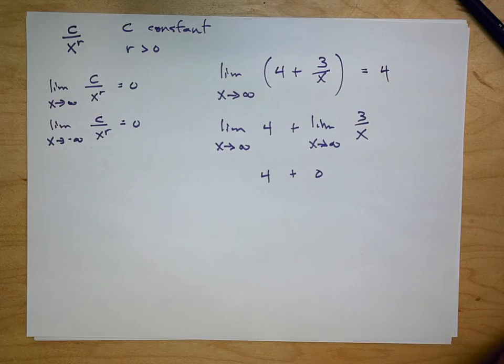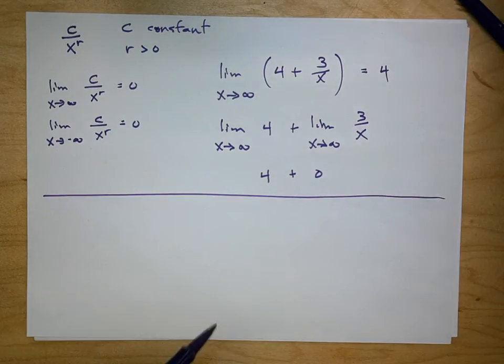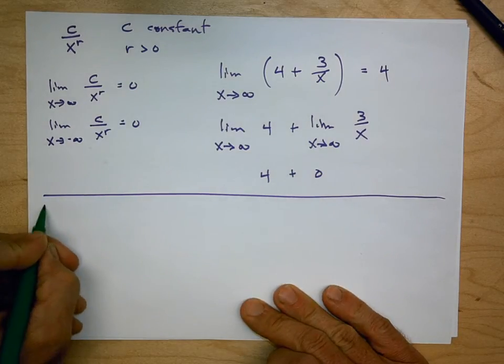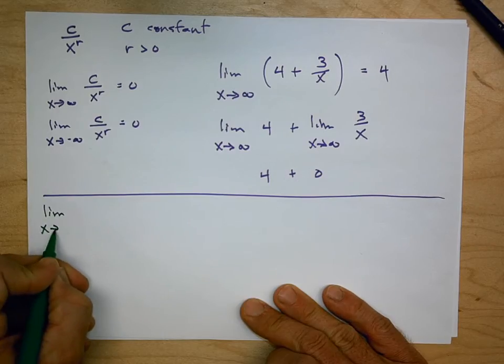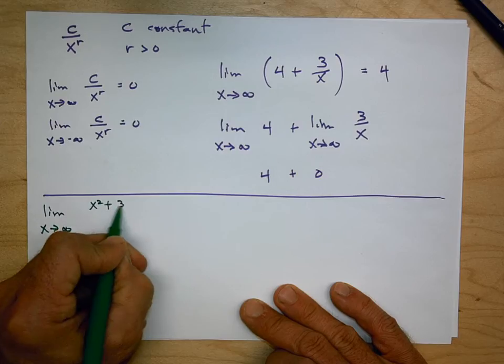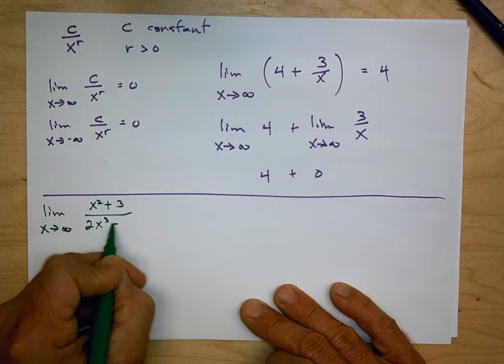Okay, let's look at some different types of examples. I want to look at 3 different cases. Let's look at the limit as x goes to infinity of x squared plus 3 over 2x cubed minus 1.